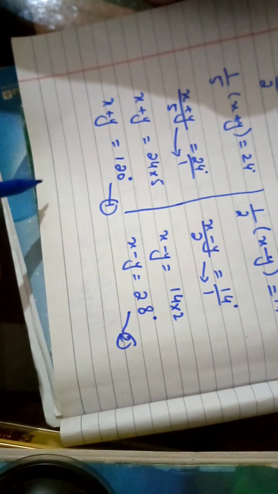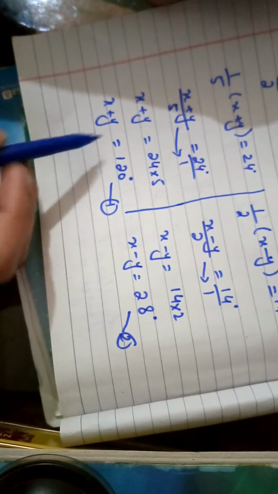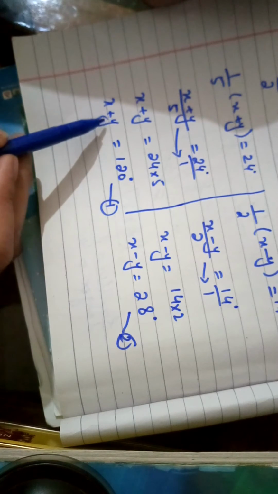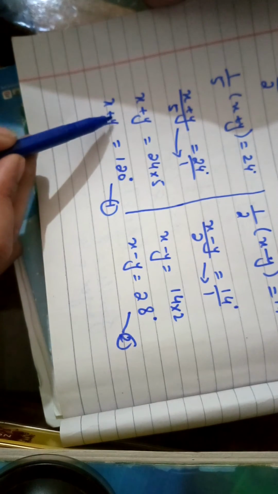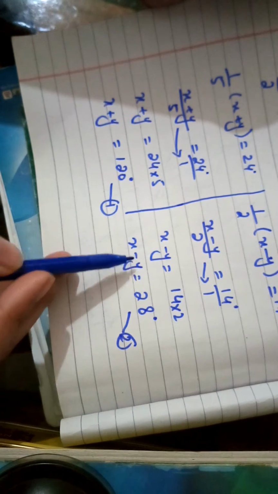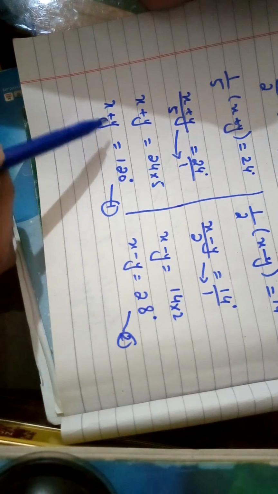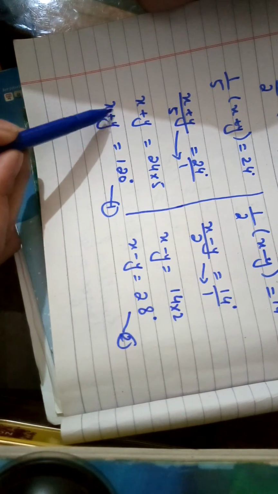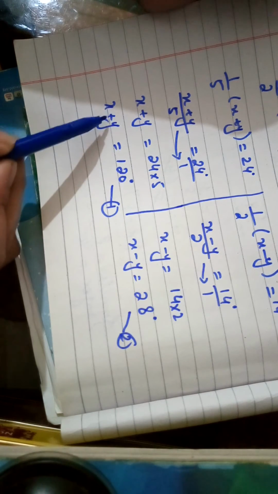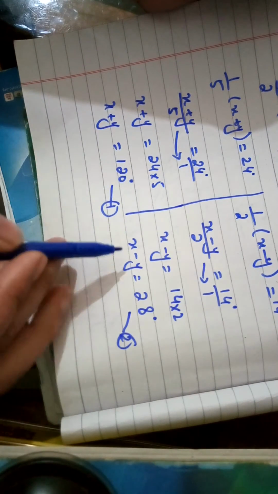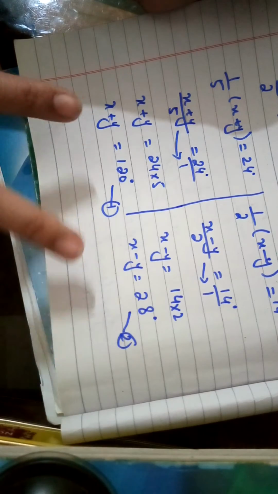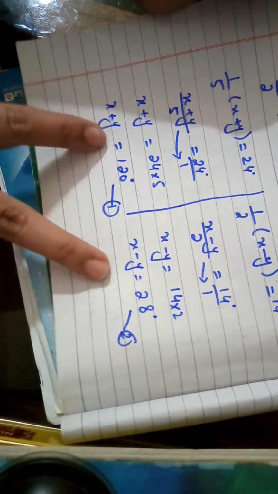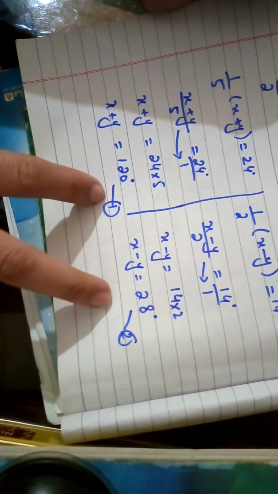So I will solve this by the elimination method and I will eliminate y. As the coefficient of y is 1 here and also 1 here, the first condition is successful. Now check the other condition, signs. Here y has a positive sign and here the sign of y is minus. When there is an opposite sign with the variable, we will add the equations.